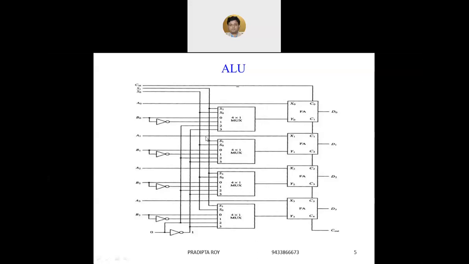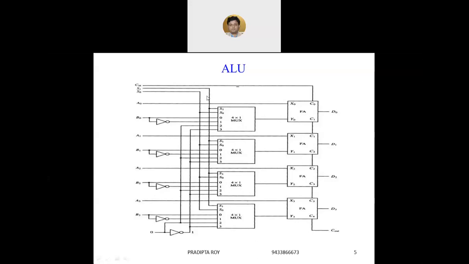Now, a very interesting thing occurs when S1, S0 are 1, 1. S1, S0 are 1, 1 means the last input or fourth input of every MUX will be selected.